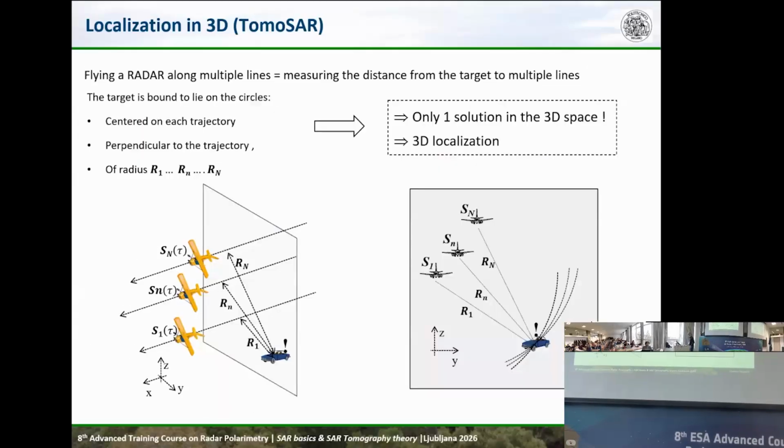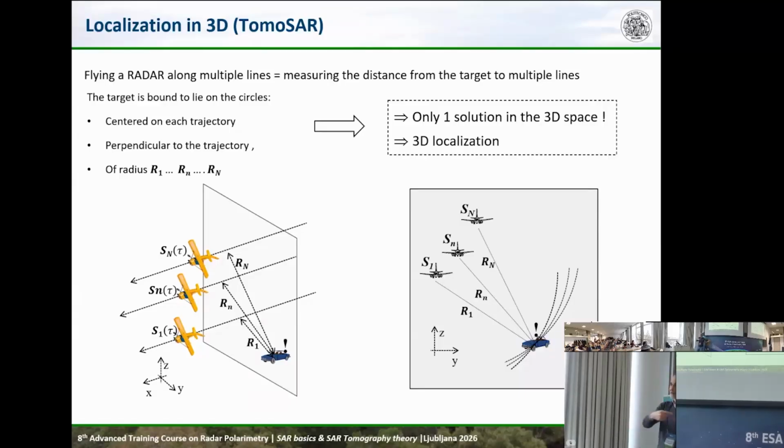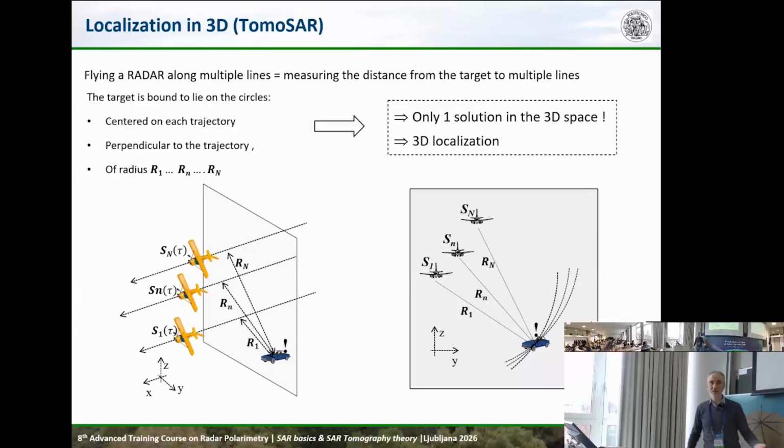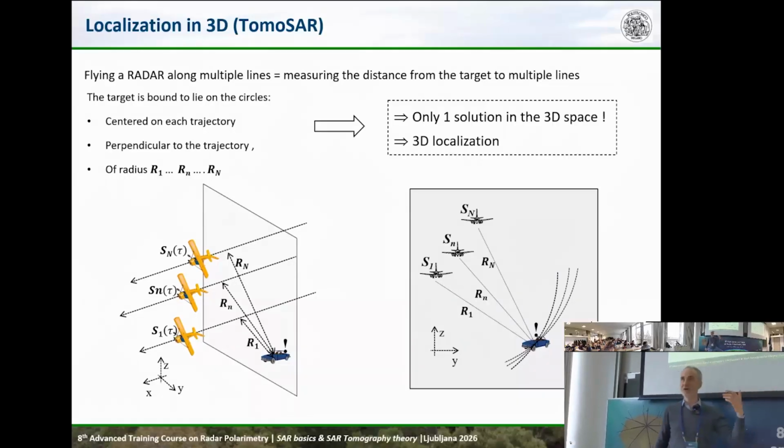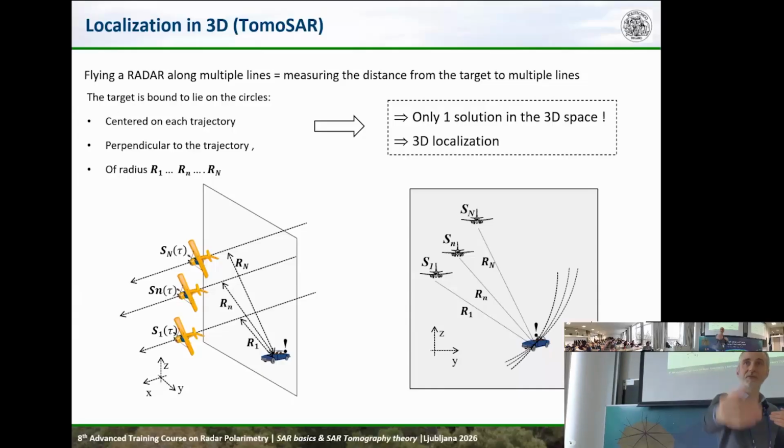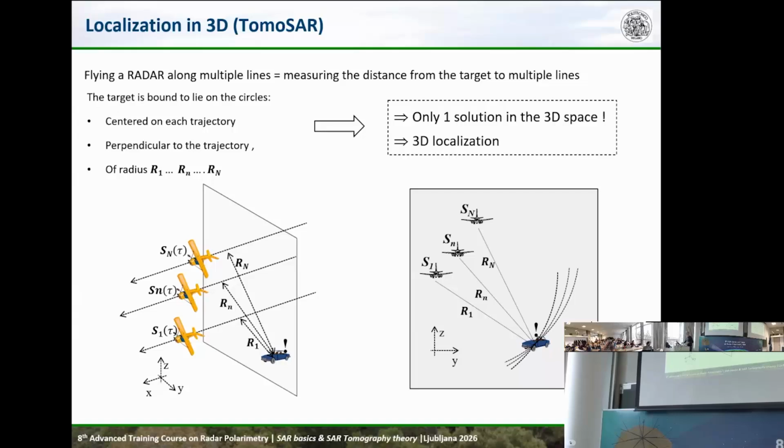With SAR tomography, you repeat the same experiment on different lines, which means that at the end of a tomographic experiment, the target is bound to belong to the intersection of all of these circles, and all of those circles just intersect in a single point.